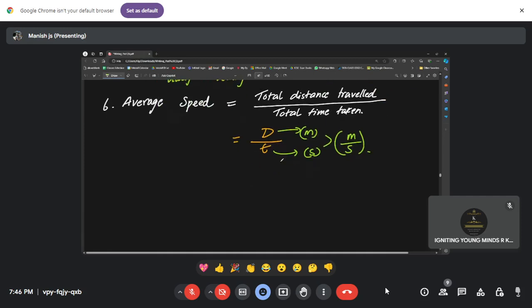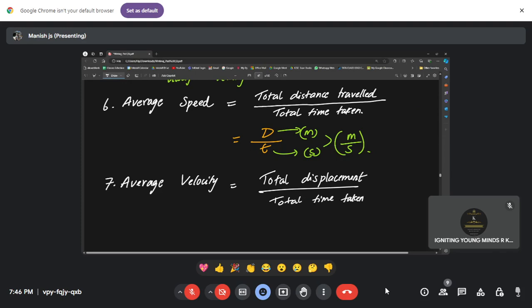All right. We are moving on to the next aspect, which is average velocity. Unlike average speed, average velocity is the total displacement upon the total time taken. So you can write it as total displacement of an object upon the total time taken.